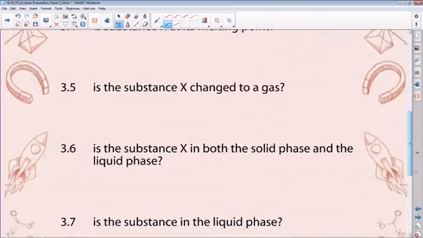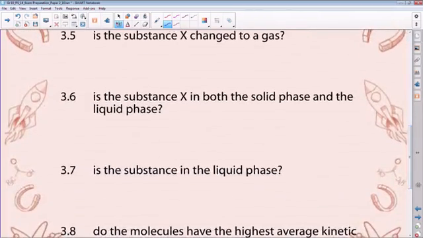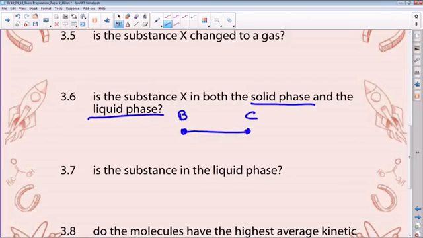The substance is in both solid phase and liquid phase. That happens during the temperature where the temperature remains constant. That was between B and C, because we know that during phase change, this is the point that we need to take home: during phase change, temperature remains constant.